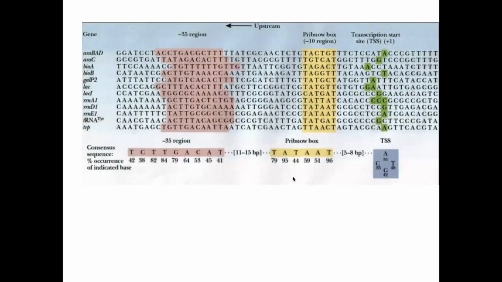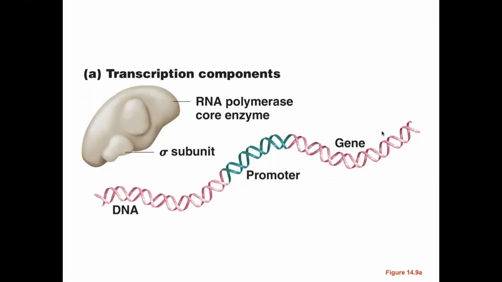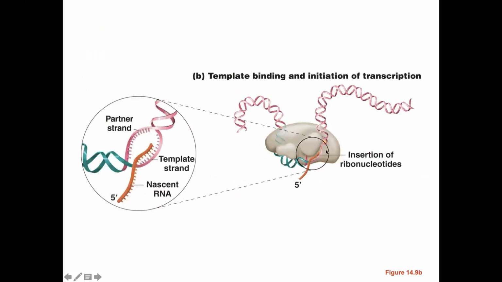So by binding to this promoter region, the RNA polymerase complex twists and distorts the DNA such that it now opens up from the Pribnow box and up through this region that has that transcription start site, that +1 nucleotide. So that's what they're trying to represent here.